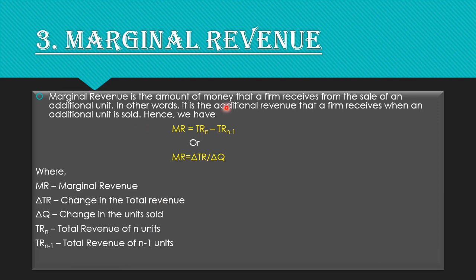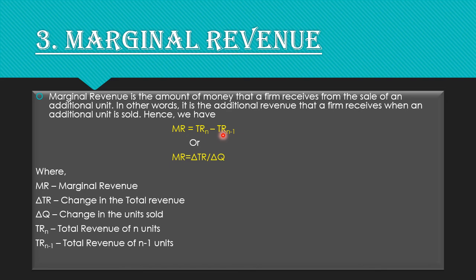So in other words, it is the additional revenue that a firm receives when an additional unit is sold. So the formula is MR = TRn minus TRn-1. What is it? Suppose by selling one unit, you get total revenue of 10, and by selling another unit, you got total revenue of 20.